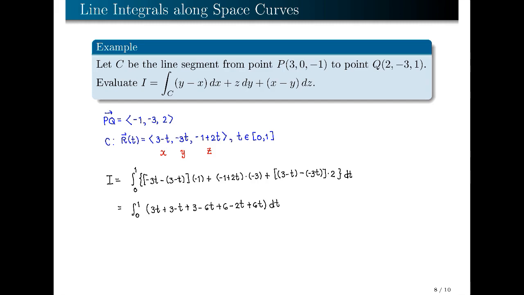Observe that negative 6t and 6t cancel, and negative 2t, negative t cancel with 3t. And we are left with simply the integral from 0 to 1 of, that's 3 plus 3 plus 6, which is 12 dt, which is just equal to 12. And that is now the value of I.